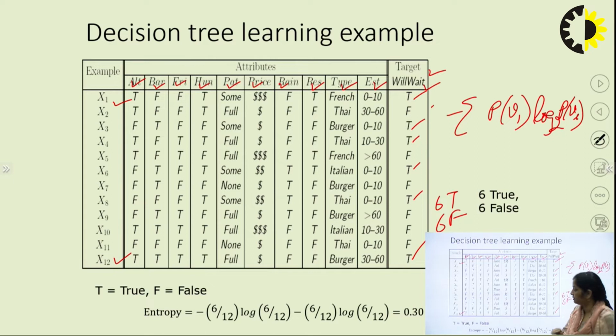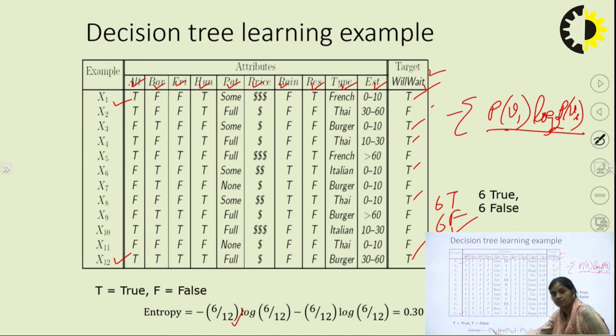How many total examples are there? 12. And how many are true? That is 6. So the probability is 6 by 12 times log of 6 by 12 to the base 2, and then the summation over all the possibilities. What is the other possibility? That is false. How many values are false?